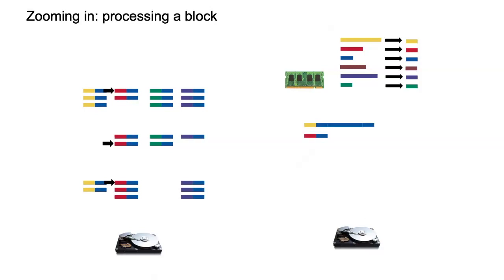Then I go with the red one. I always have my 3 pointers, 1 pointer in every one of the lists, and I compare the pairs that my 3 pointers point to, and always pick the smallest one and append it to the results, right? Now the green one, the purple one, and so on, okay?